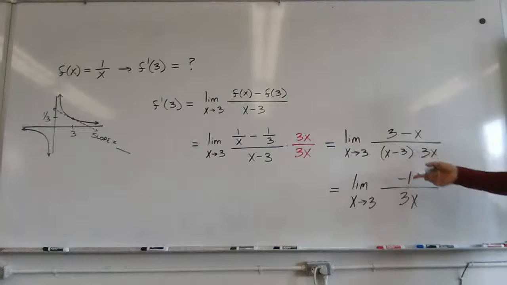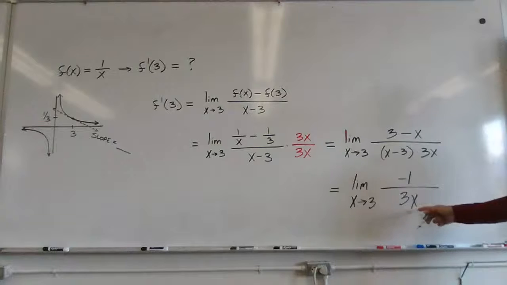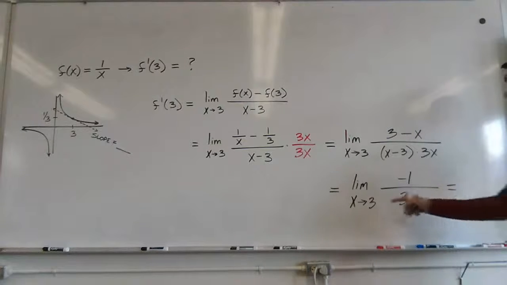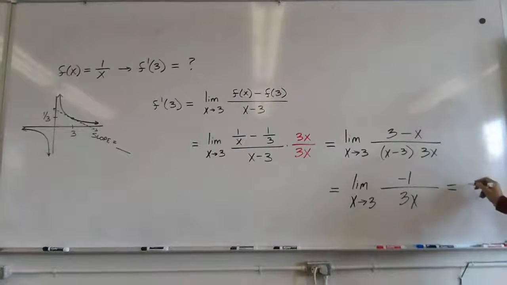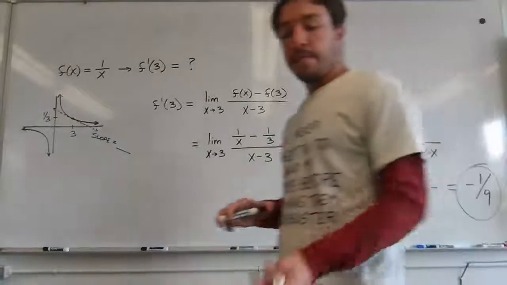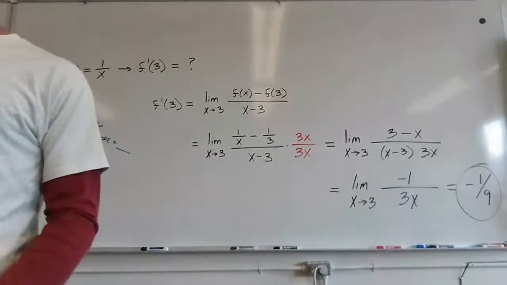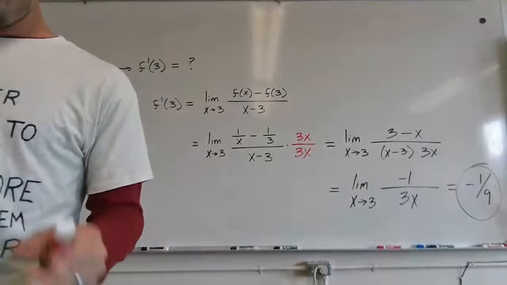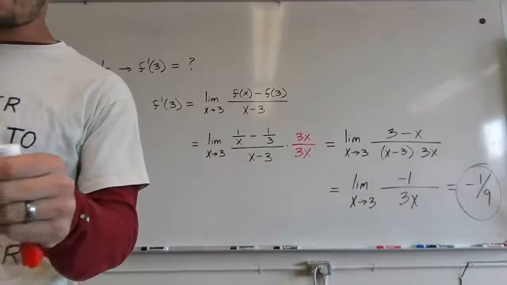So when you divide them, you get negative 1. And now you say, well, can I plug in 3 now? The answer to that, of course, is yes. Plug 3 in there, and you get the answer that we thought we were going to get. Negative 1/9. Cool beans?